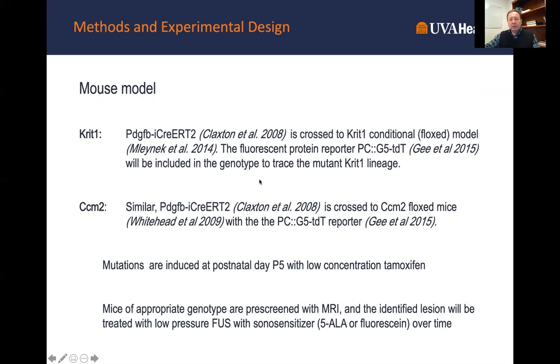We induced the mutation in the mouse model with low concentration tamoxifen on postnatal day 5, and we have characterized the first round of these mutants with MRI and histology.